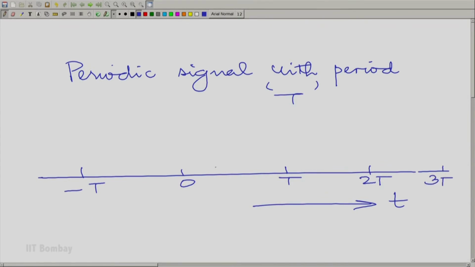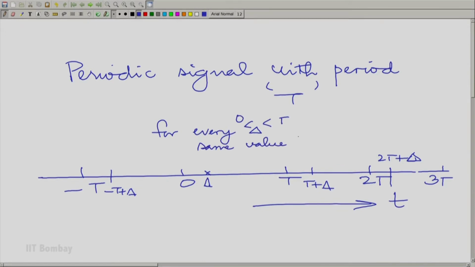And whatever you have, say at this point, is also present. So, if it is at the point delta, it is also present at the point minus T plus delta, it is also present at the point T plus delta, and it is also present at the point 2T plus delta, and this is true for every delta between 0 and T. Same value at minus T plus delta, delta, T plus delta, 2T plus delta, and so on.